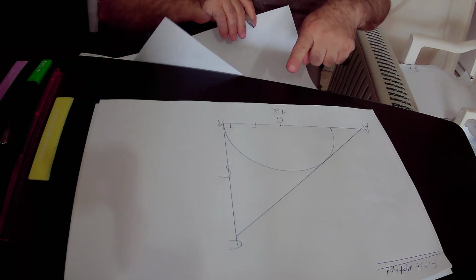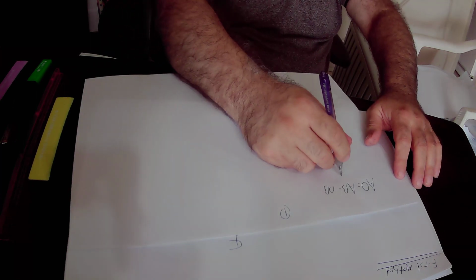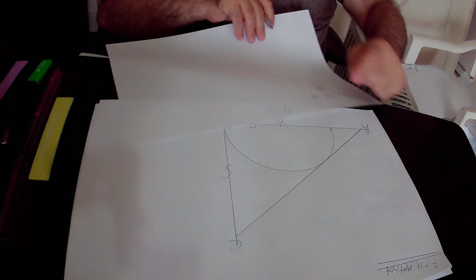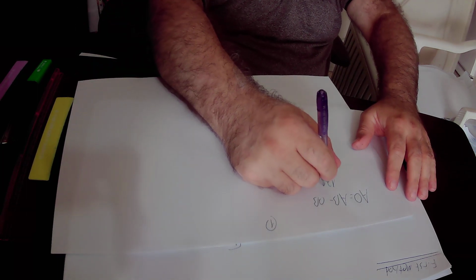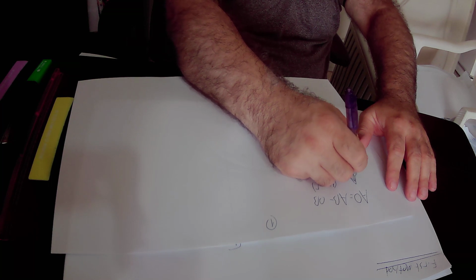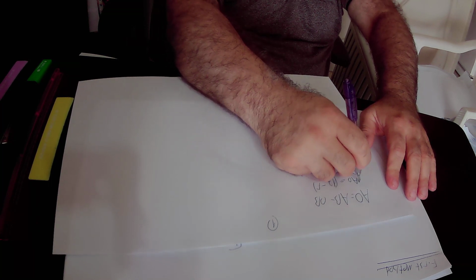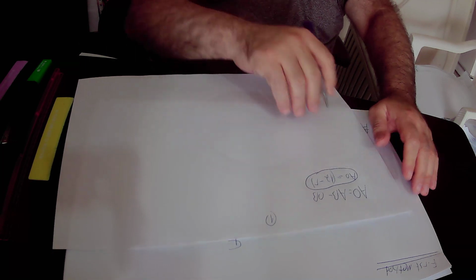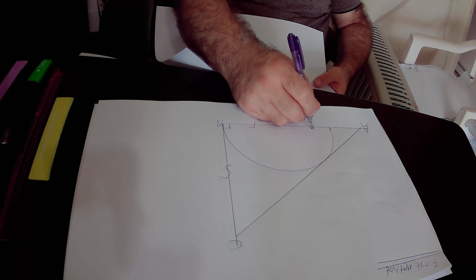AB equals 12 units, it is given in the question. OB is the radius of the semicircle, that is to say it equals R. So in conclusion, we found out that line segment AO equals 12 minus R units. So we can write here that AO equals 12 minus R units.